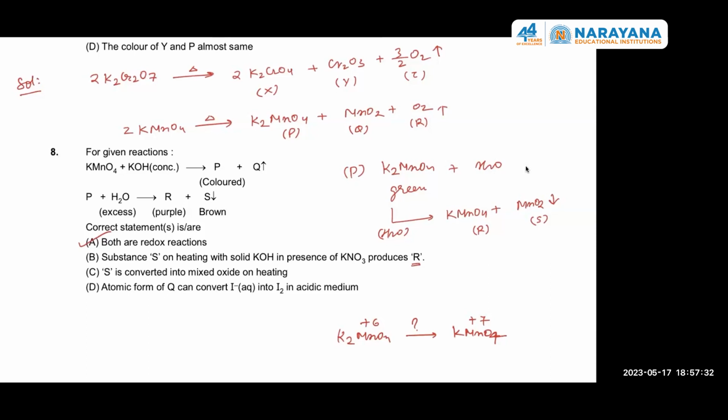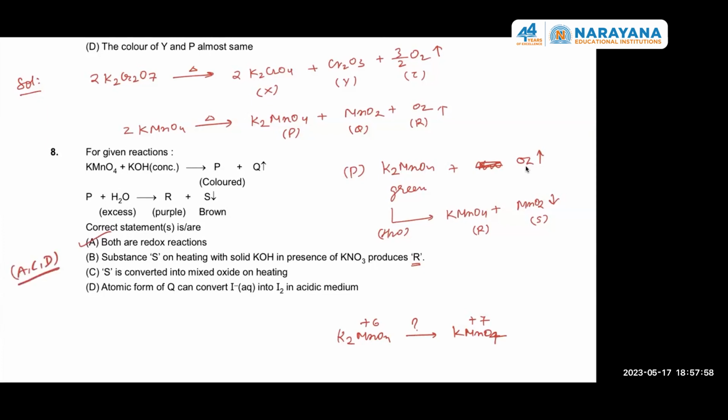Won't we get O2 as Q? Yes, we will have O2, as a gas. So the correct answers are A, C, and D.